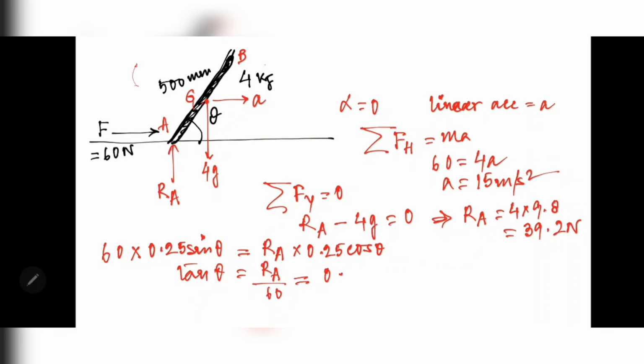Now on calculating this, we get this equals 0.654. So theta equals tan inverse of 0.654. Now this is total clockwise moment equals total anti-clockwise moment. Here applying the moment about point G.